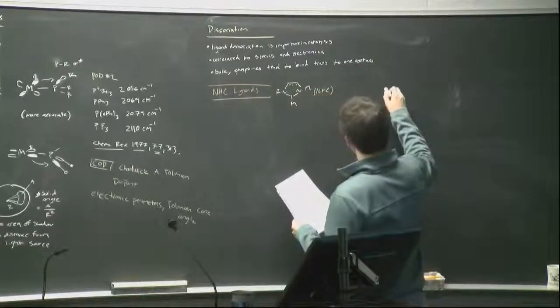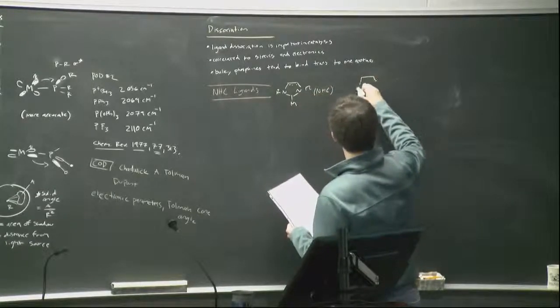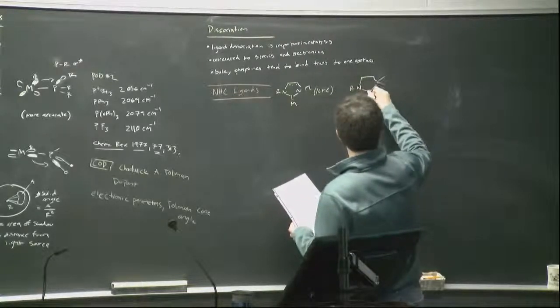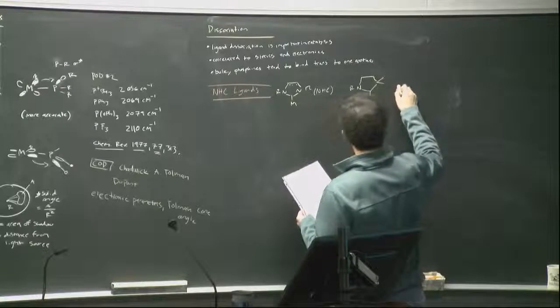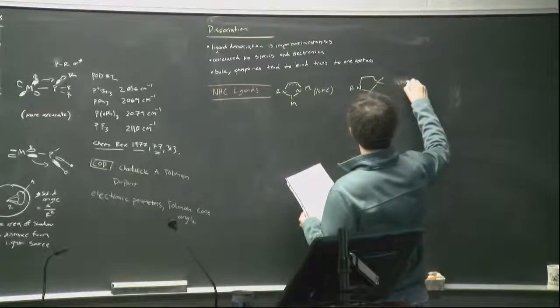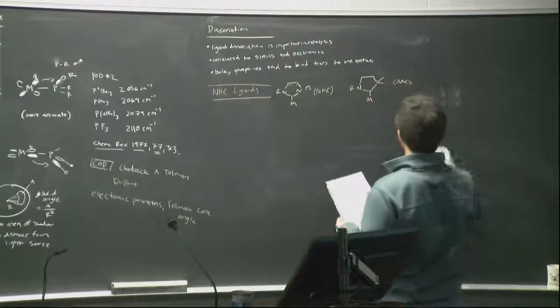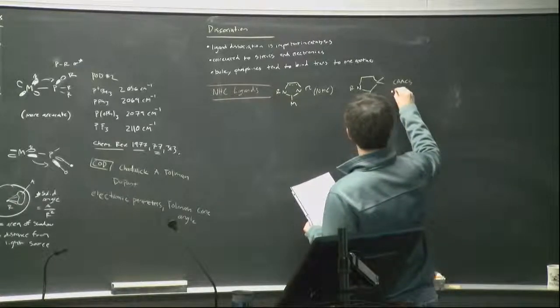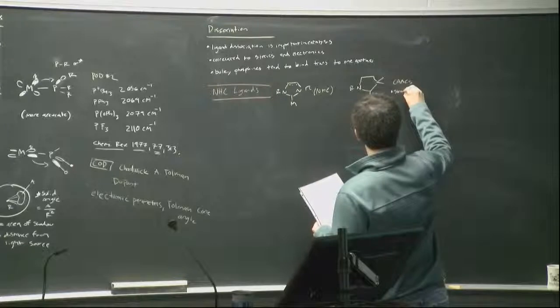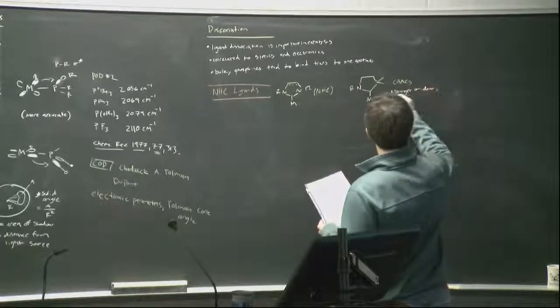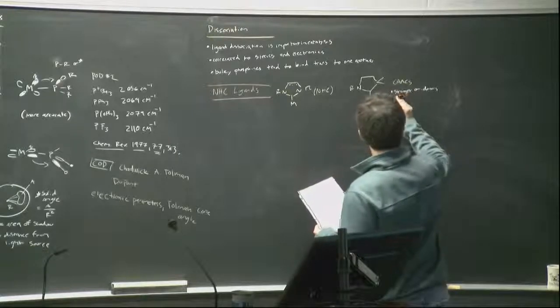Also a family that's on the rise, and I'll mention it just because it involves some of our neighbors, are these ligands that are called CAACs, invented by Guy Bertrand's group. Compared to NHCs, they're both stronger sigma donors and stronger pi acceptors.